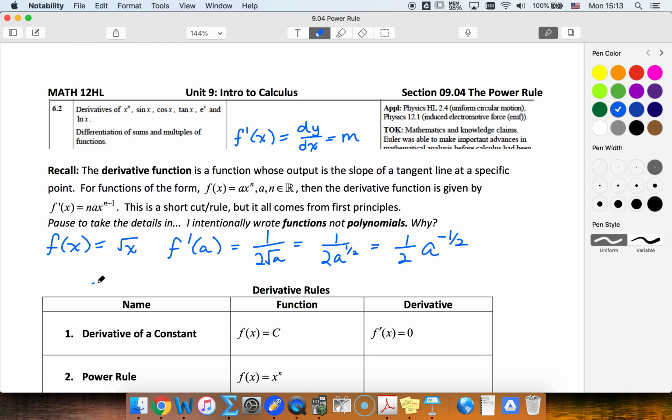Remember, root x is the same as x to the half. So if we just wanted f prime of x, remember we're replacing a with x, I bring my power in front, multiply it by 1, there's my half, decrease the power by 1, and I get negative half. So this rule, going from this to this, works for any power.